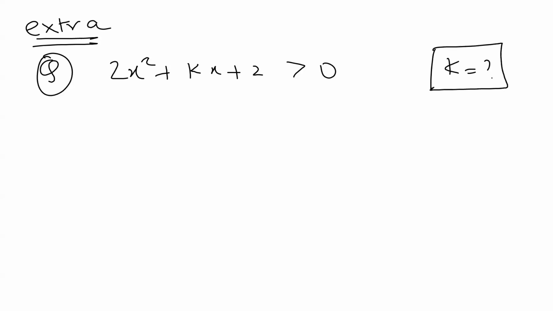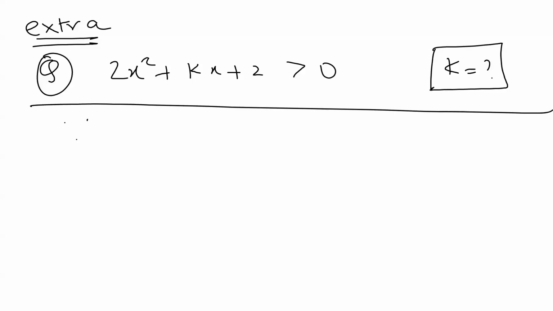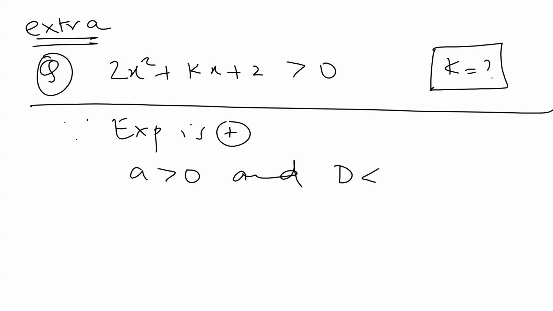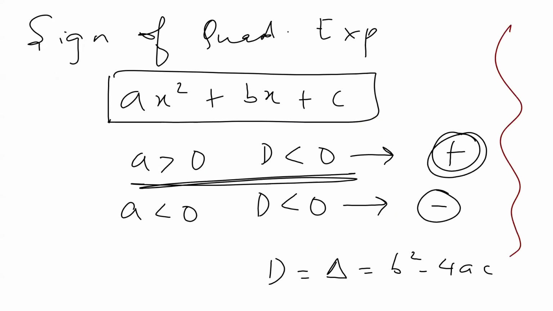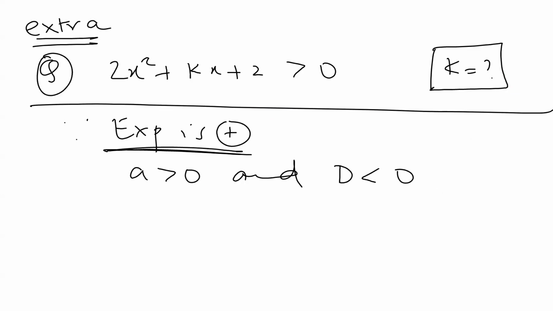If the expression is positive, a is greater than 0 and D is less than 0. Now what is a? A is 2. 2 is greater than 0.